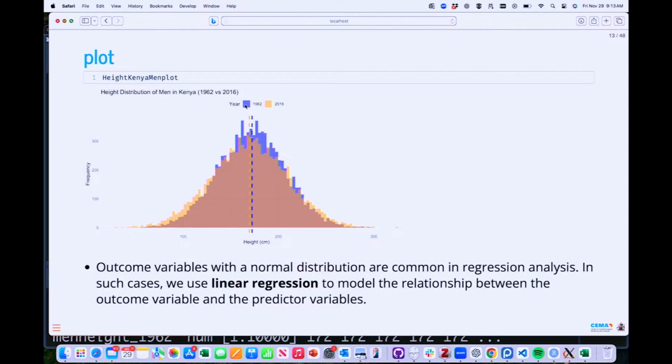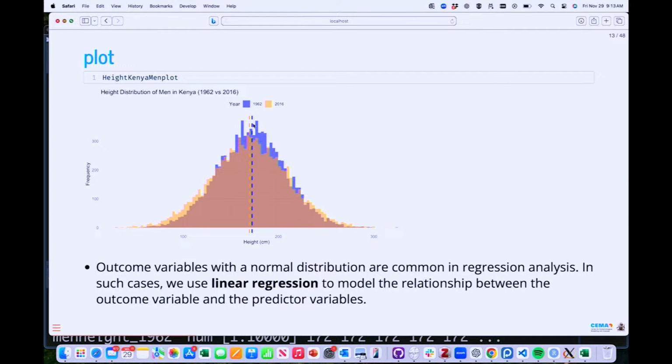And the blue color here represents the distribution, which is behind, of men in 1962. And this orange color here represents the distribution of the heights of men in 2016.